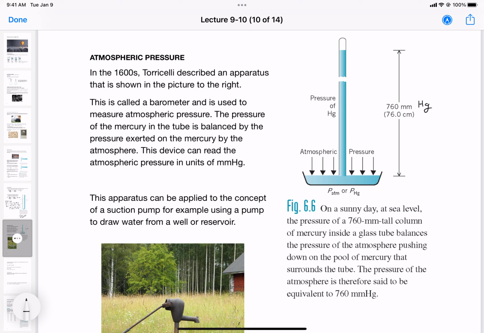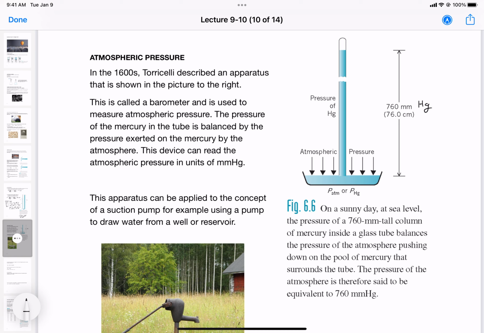Usually, I forget, I think it's low pressure that gives you precipitation or bad weather, and then high pressure is where, yeah, one of those two. When we have a decrease in atmospheric pressure, let me just verify this.